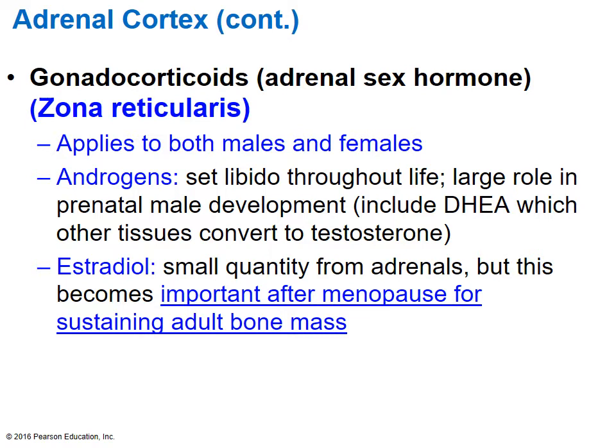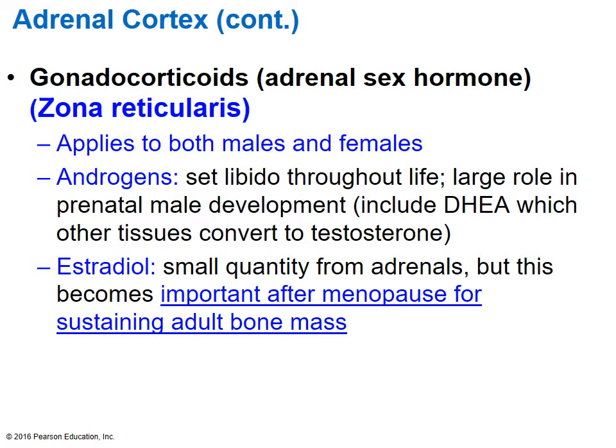So the testosterone is mostly used by females as a source of hormone that's needed for the libido, as well as for other developments of the secondary sex morphology. So on your slide, I wrote down that androgens set the libido throughout the lifetime. They play a large role in prenatal male development, meaning before the testes are fully active, including DHEA, which is a precursor to testosterone, as well as other tissues that will obviously convert to testosterone.